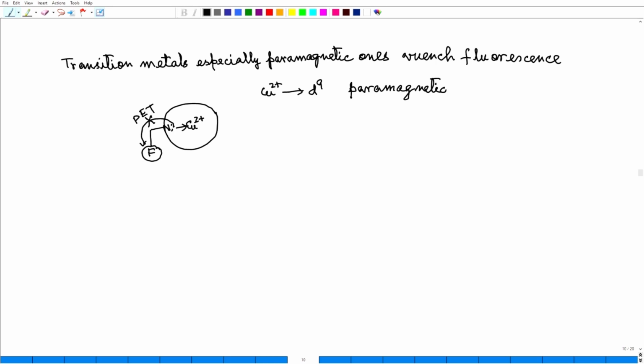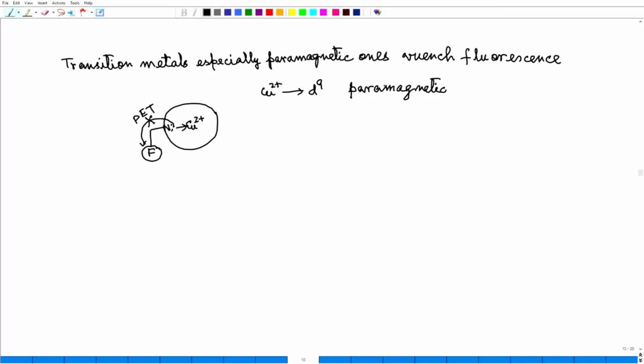Therefore, what do I expect? I expect a strong fluorescence, but not really. I do not see any fluorescence, because this copper being a d9 paramagnetic, it will interact with the fluorophore and it will quench fluorescence very effectively.